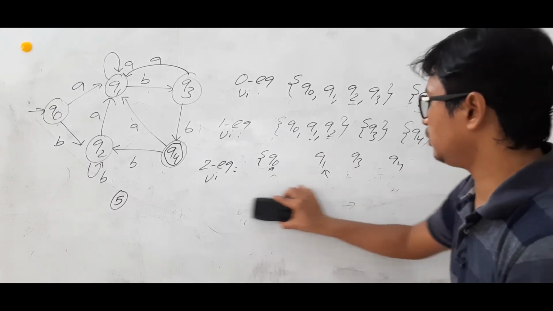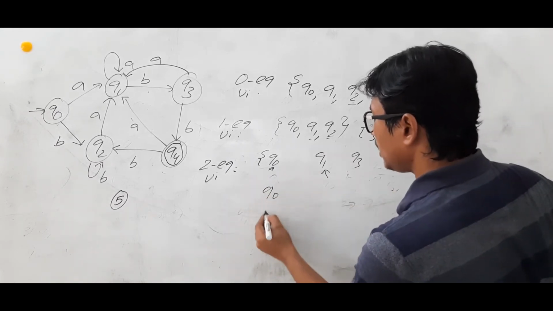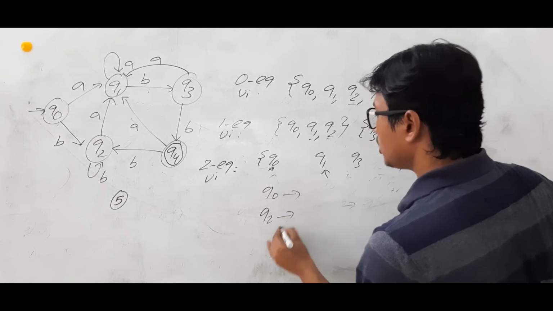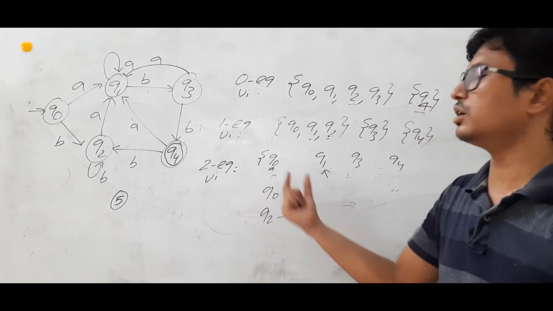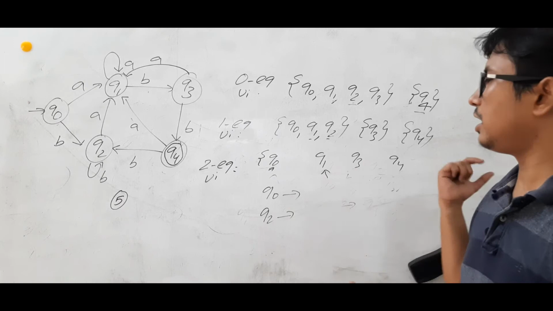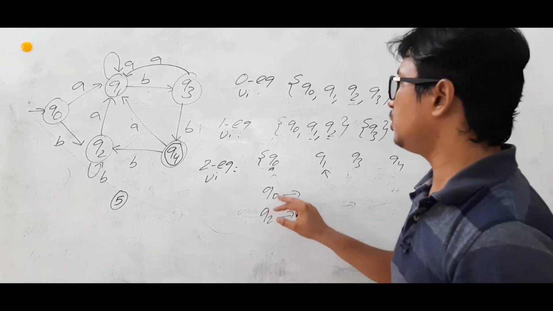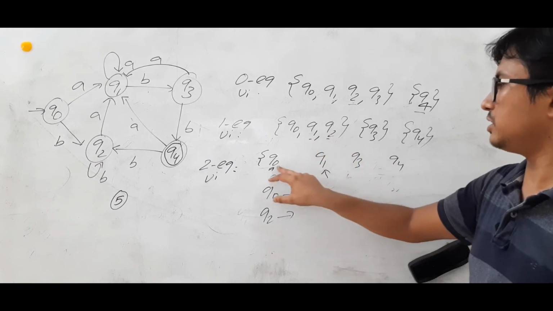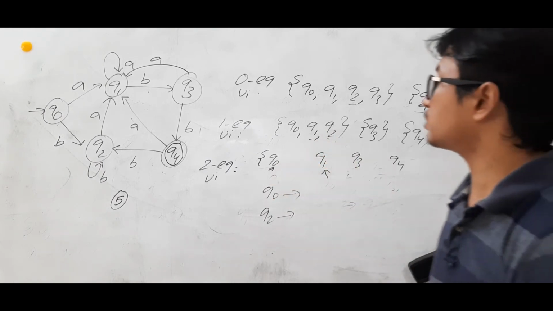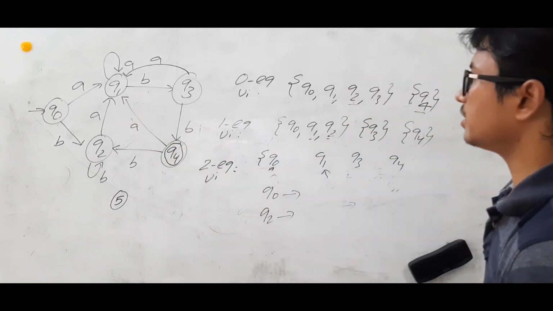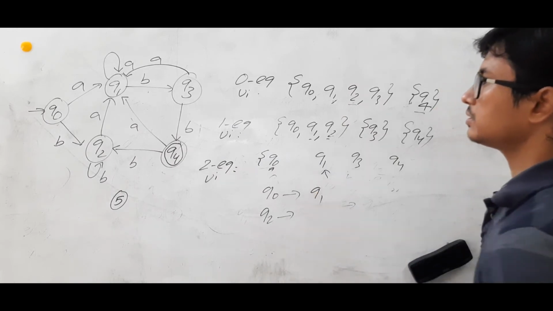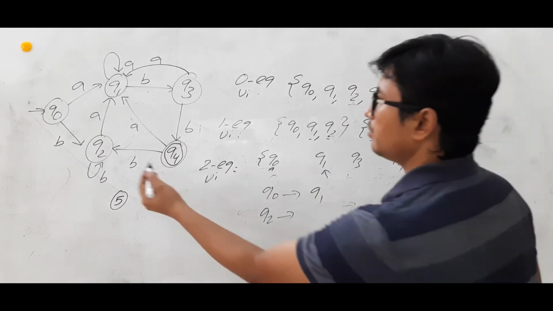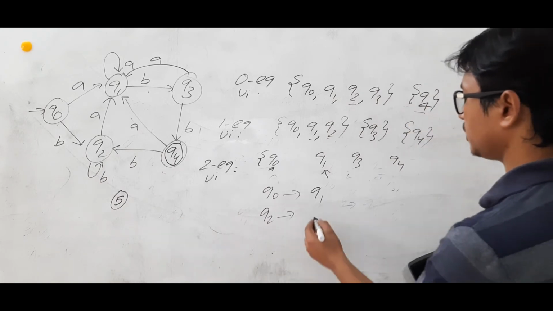How can we do it? If we check Q0 and Q2, and they belong to the same set, then we will say that Q0 and Q2 are in a single set and Q1 is separated. Now Q0 and Q1 are separated. We will check whether Q2 comes to this set or this set. That is what I want to say. Q0 on A is going to Q1. Q2 on A is going to Q1.